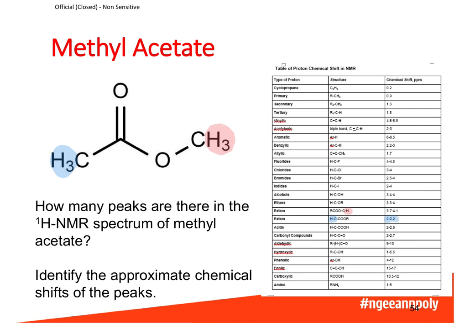The other one is for the proton that's bonded to the carbon atom next to the oxygen atom, and this hydrogen has a chemical shift of between 3.7 to 4.1. Since both groups have 3 hydrogen atoms, the ratio of the area under the peaks should be 1:1.